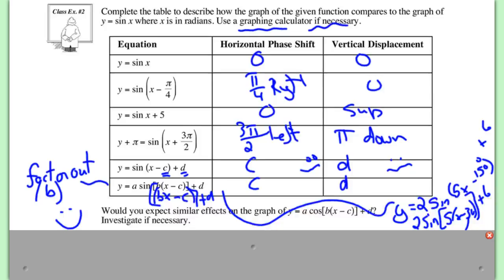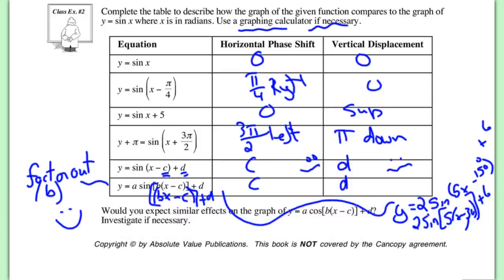One little note that I'm going to emphasize many times is that, just like we saw in our discussions of transformations in general, we always have to be careful about the b value. When a b value is written with the x, it must be factored out. So write a little note: I will always remember to factor out the b value. Look at the example here: initially it's written as 2 sine of 5x minus 150.